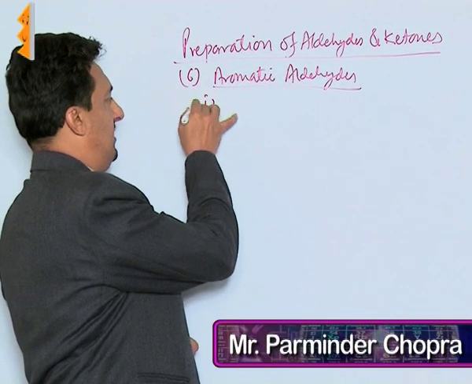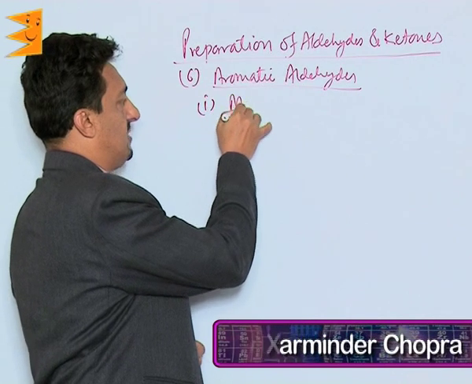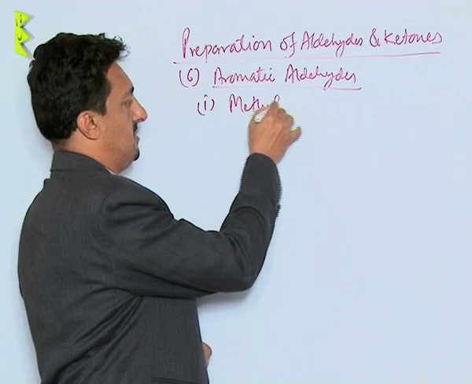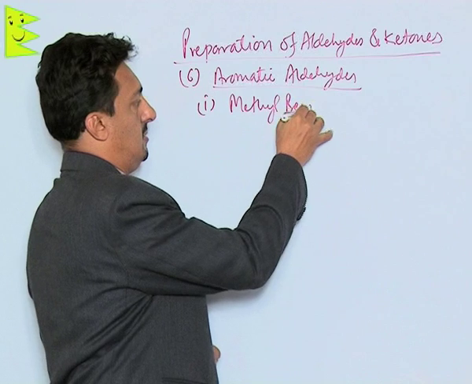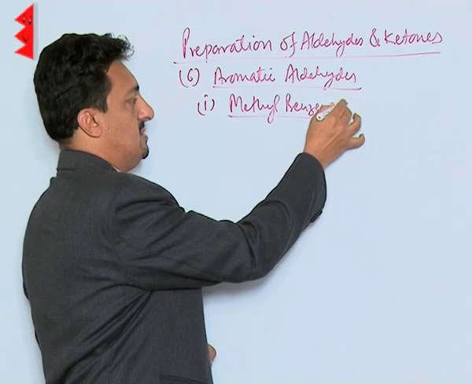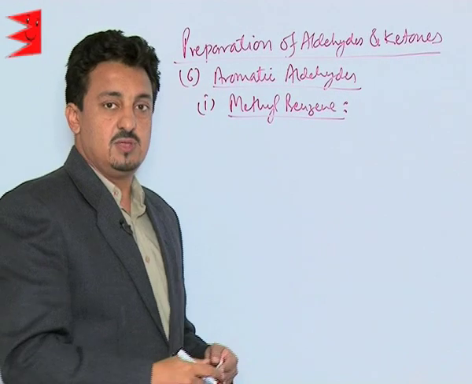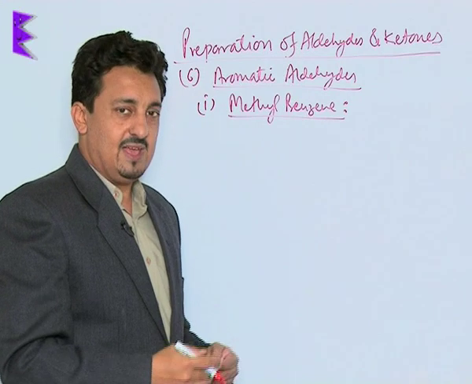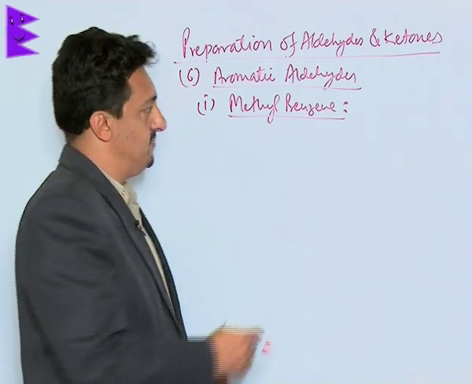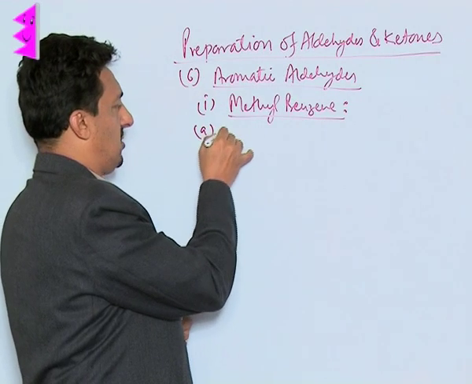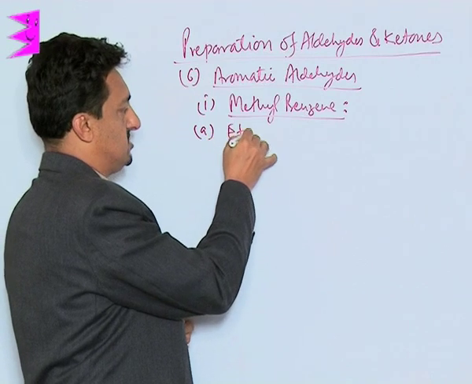The first in this category is from methyl benzene. Methyl benzenes can be converted to the corresponding aromatic aldehydes by two methods. The first one is called the Etard reaction.